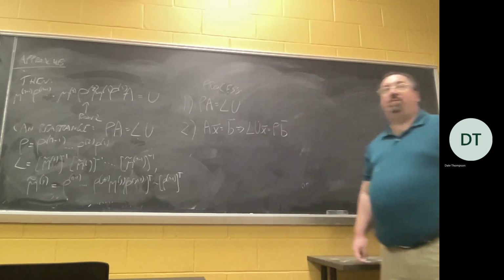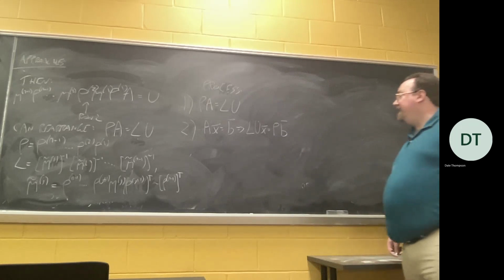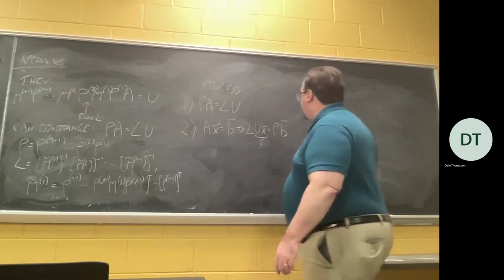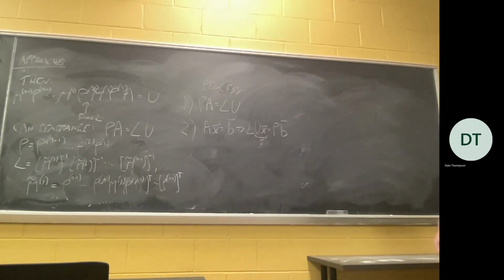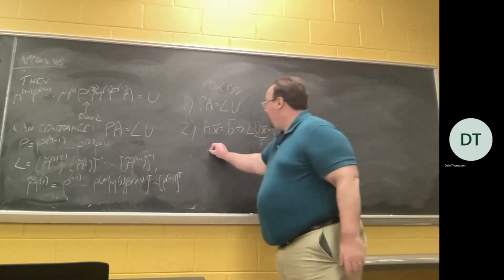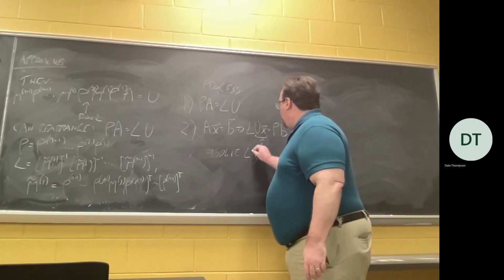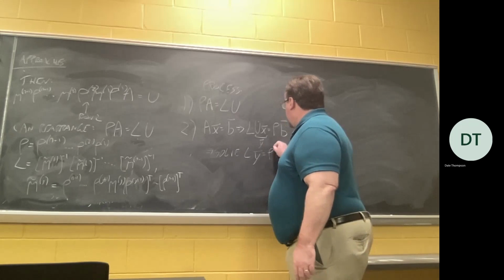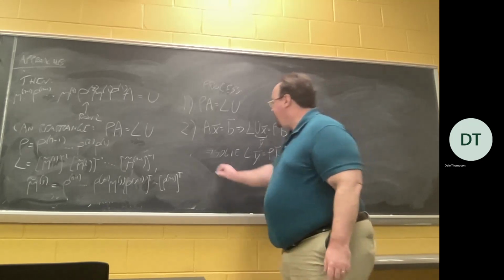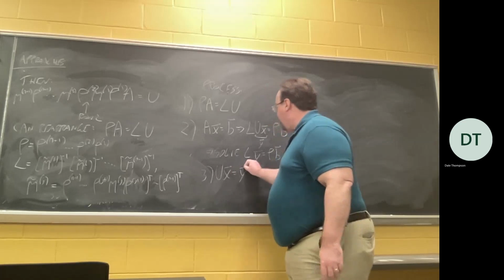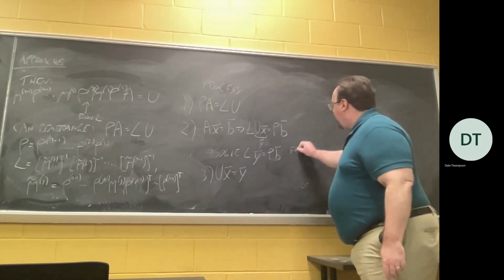So whatever row interchanges you apply to A, you also have to apply to B. And UX is once again labeled as Y. So you solve LY is equal to PB by forward substitution. And then the last part is no different, UX equals Y by back substitution.